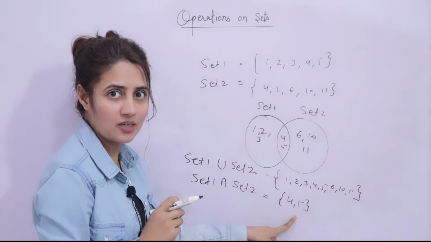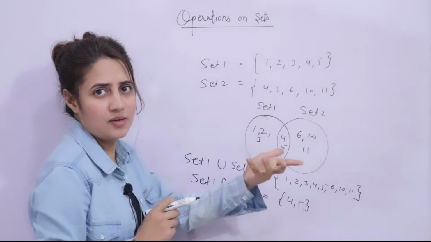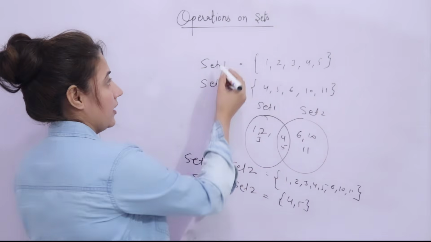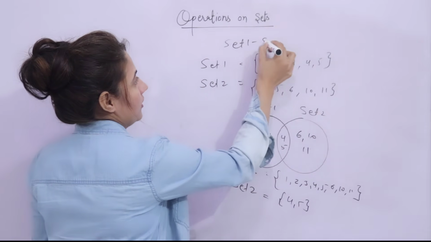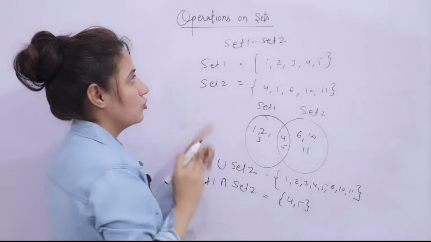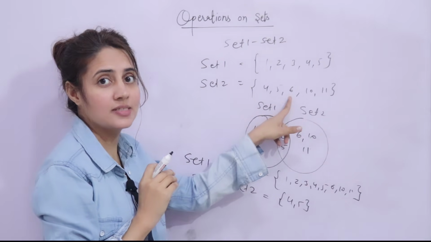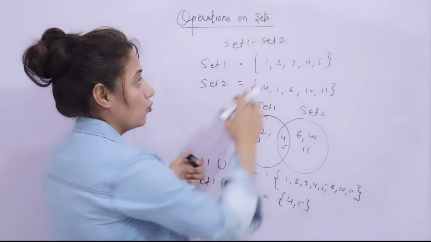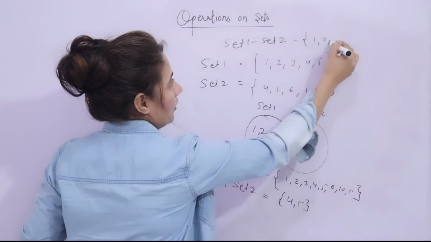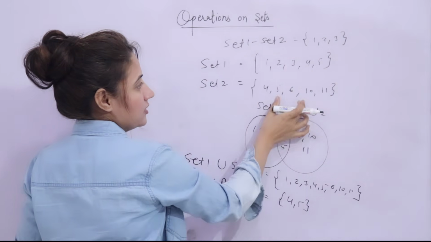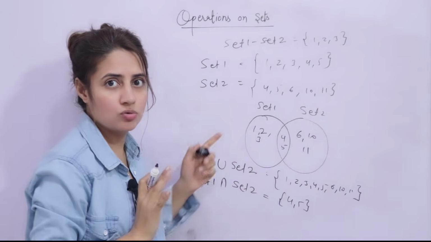So this is what intersection. Similarly, difference is what, if I write set 1 minus set 2, so this is what a difference. It will give whatever elements in set 1 that are not present in set 2. So 1, 2 and 3, 4 and 5 these are present in set 2, so it will not give this. So this is what difference.